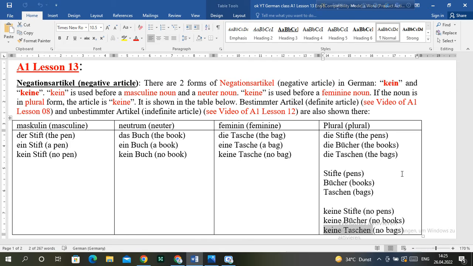We have seen here which negations article is used before which kind of noun. Now we will have a look at when we have to use the negations article.